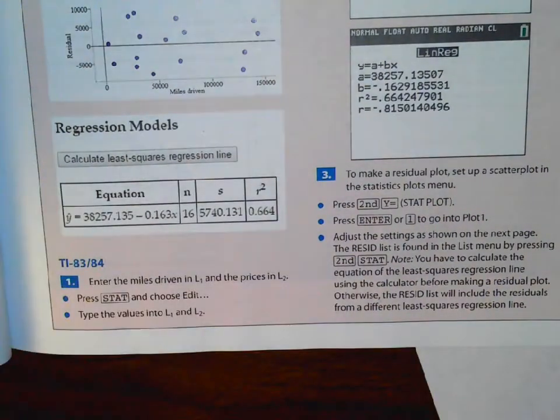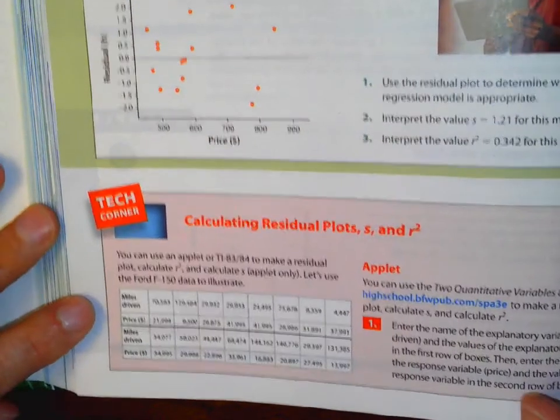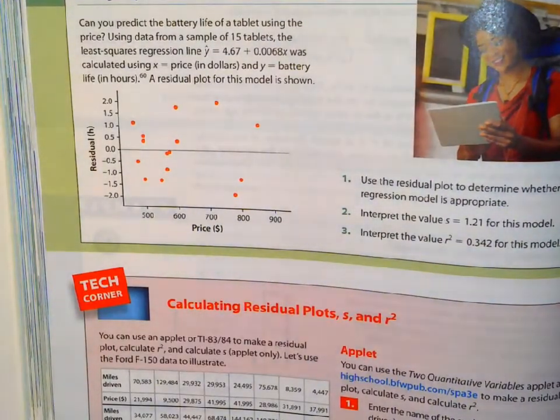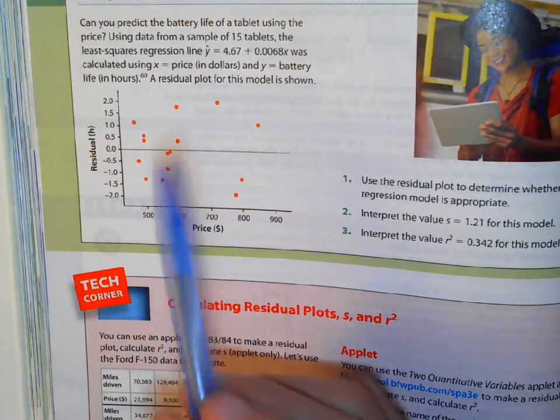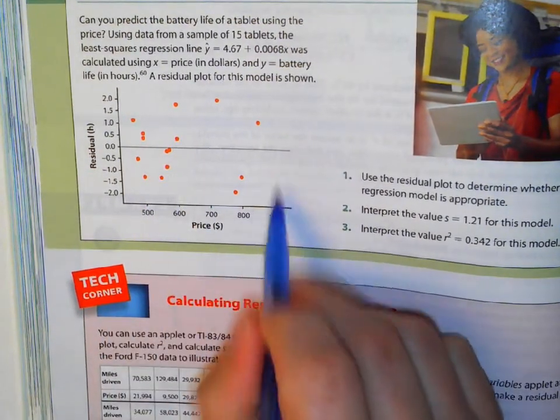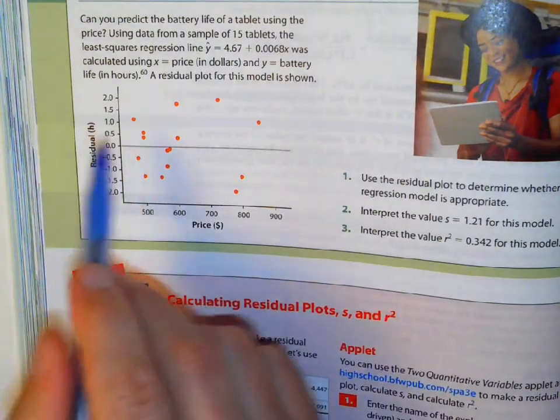Okay, so let's look at one more problem here. Can you predict the battery life of a tablet using the price? If a tablet is less expensive versus more expensive, what will happen to the battery life?